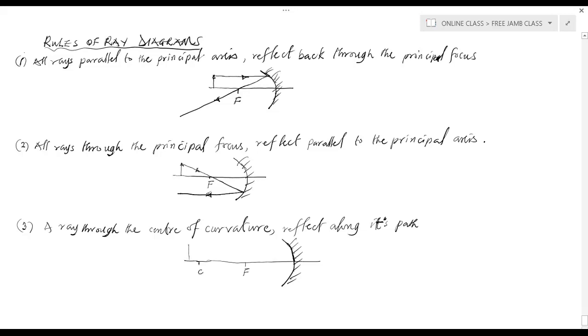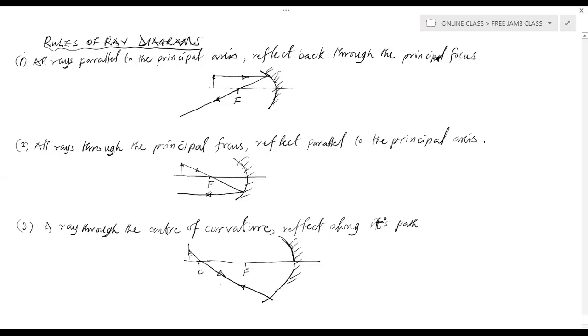Now see an image, something passing through that point. It passes through the C, then it can go like this. It goes through C, it will reflect back along that line immediately.